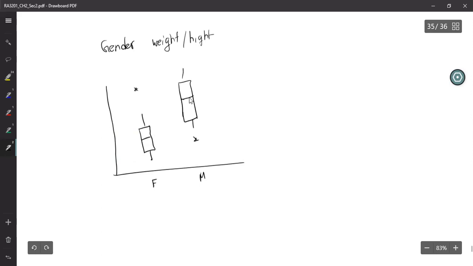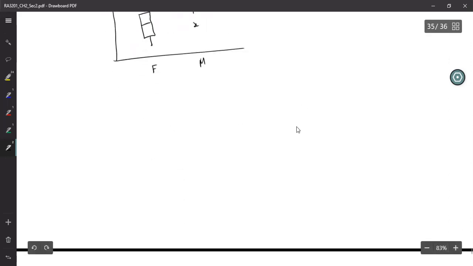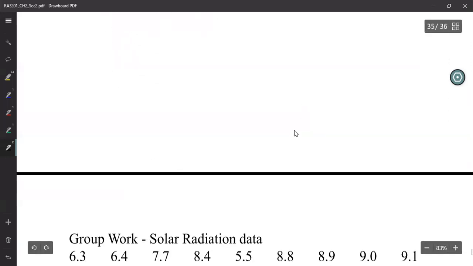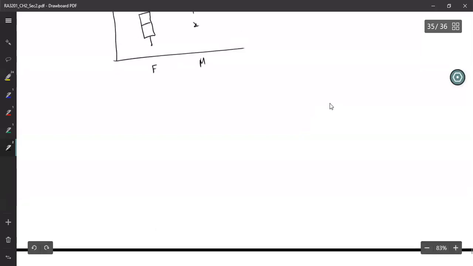For males, the median is very high compared to the median of the females. Likewise, you can compare things very easily using side-by-side box plots. Not only 2 groups, but 3, 4, 5, many groups. So the box plot is a very nice graph that you can use to do the comparison.